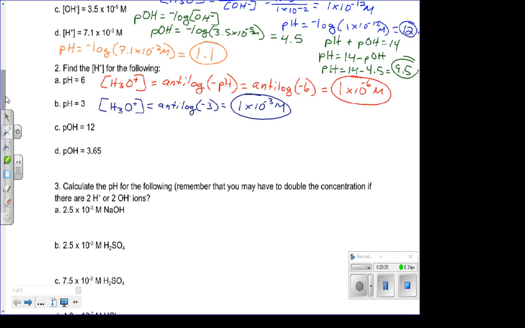And then again, if you're looking for the hydronium ion concentration and you've got a pOH, there's a couple ways to go about it. So once again, I'll show you both ways. From pOH, we could find the OH concentration.